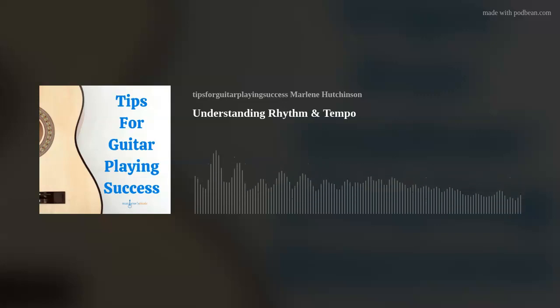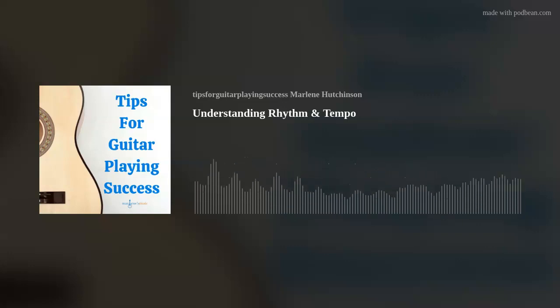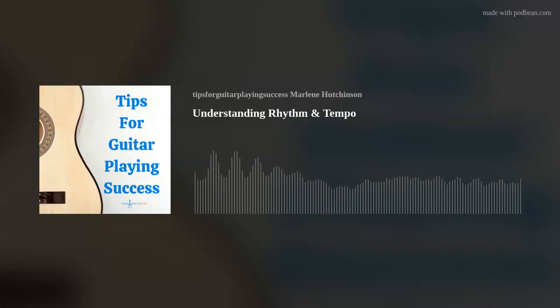To give you an example of how tempo works, I'm going to use a device called a metronome. And by the way, there are apps, there are small metronome devices, and the good old freestanding arm metronome that looks like a clock ticking back and forth. A 40 beats per minute setting goes like this. And the strum of a 4/4 count at 40 beats per minute sounds like this.